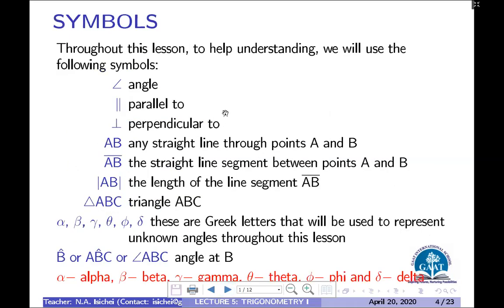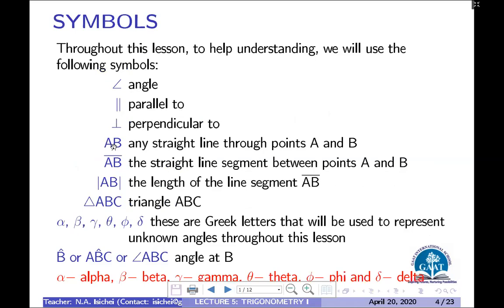Next, here are some symbols that you see frequently as we progress in this lesson. This symbol means angle. This means parallel to. This symbol means perpendicular to.